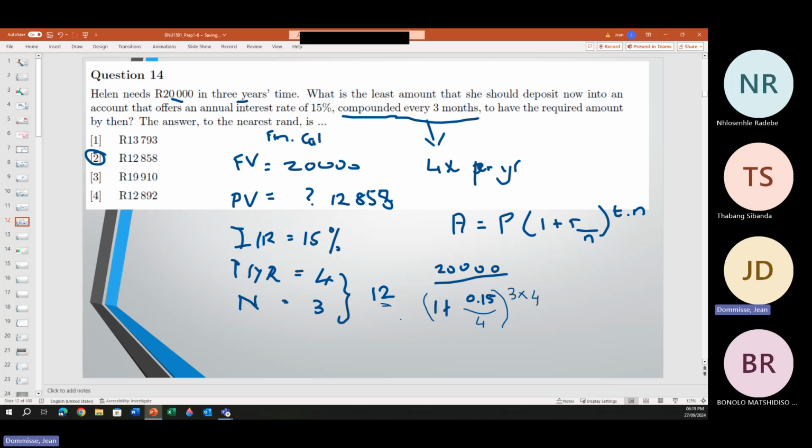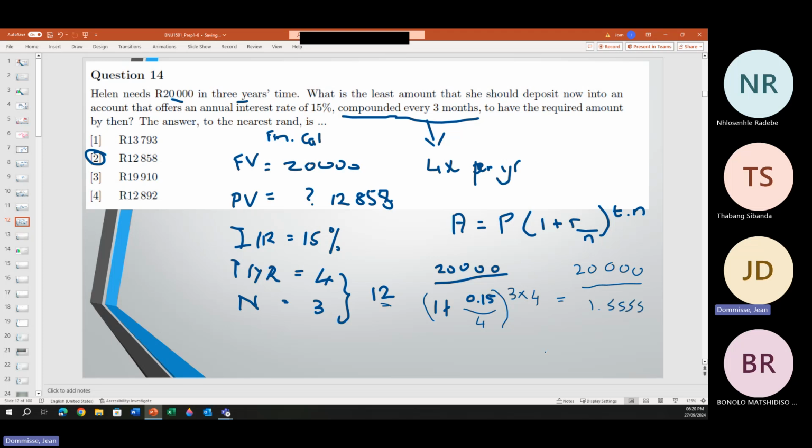So let's quickly first see 0.15 divided by 4 plus 1, that to the power of 12. So if we work that out, it's going to be 20,000 divided by 1.5555.